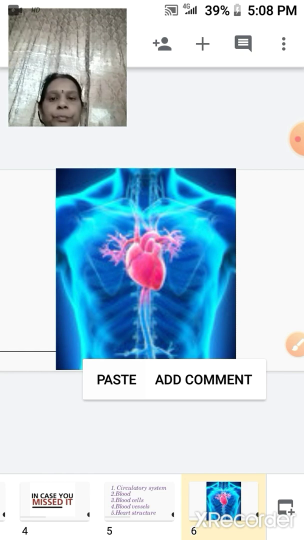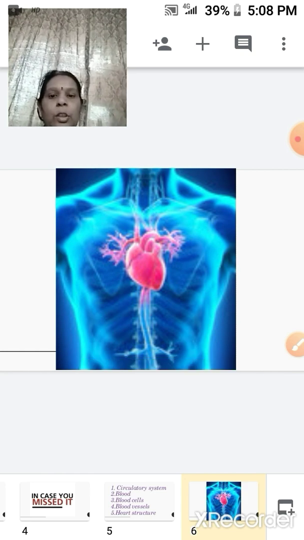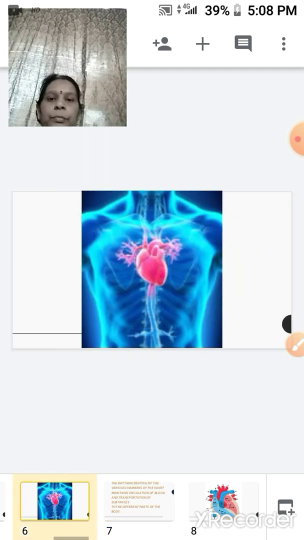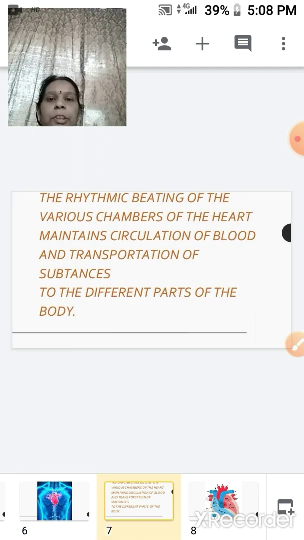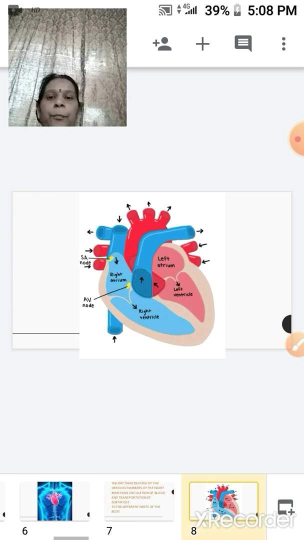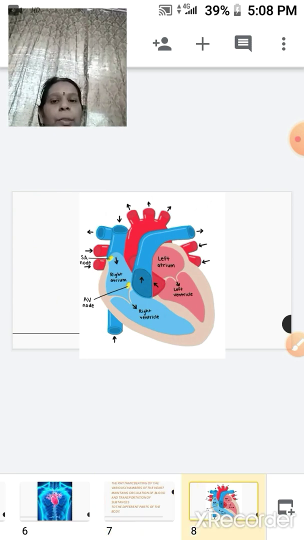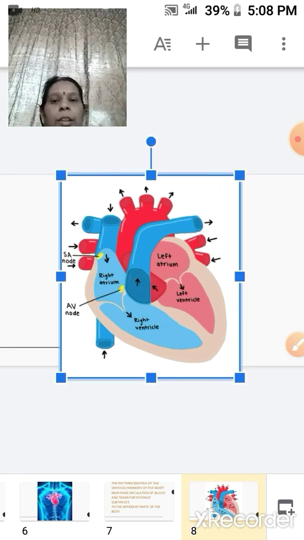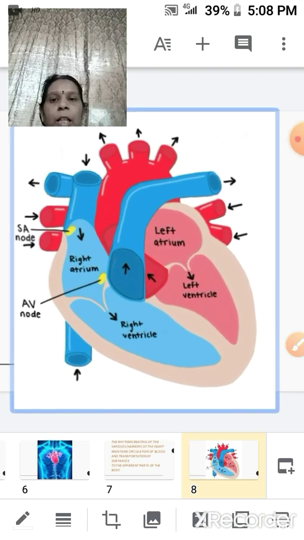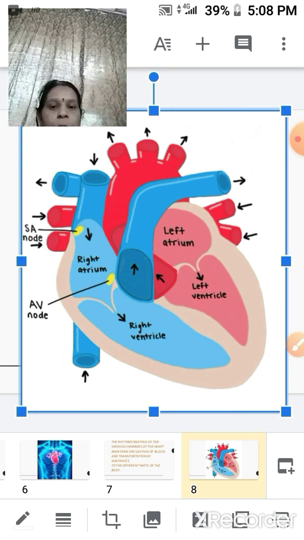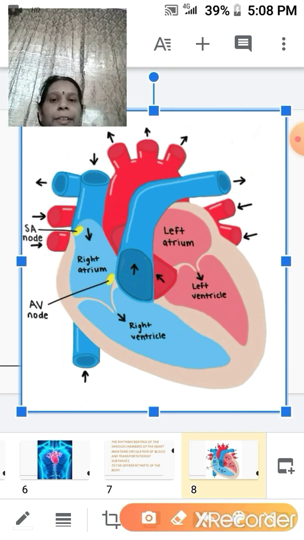Today we will be talking about the structure that we have already talked of, but we will be seeing how the four-chambered heart has its chambers.